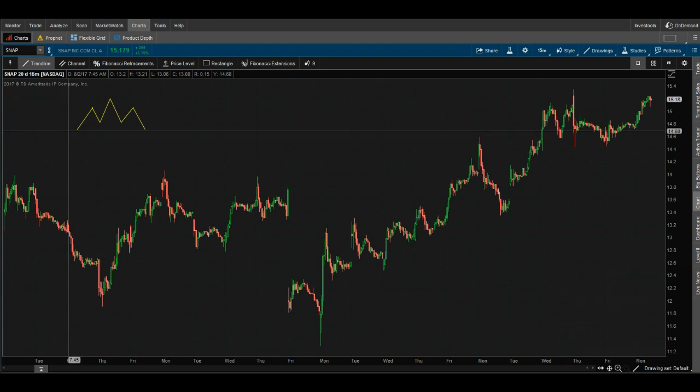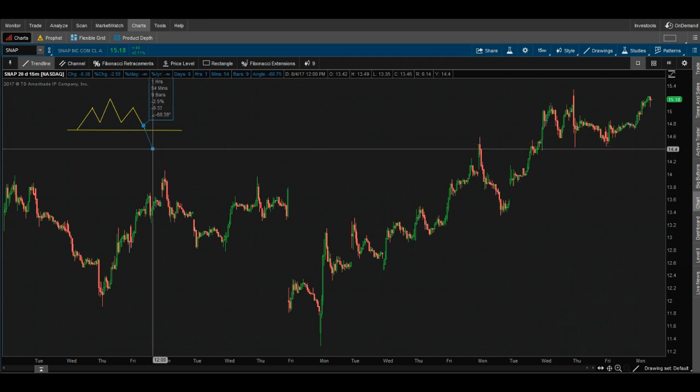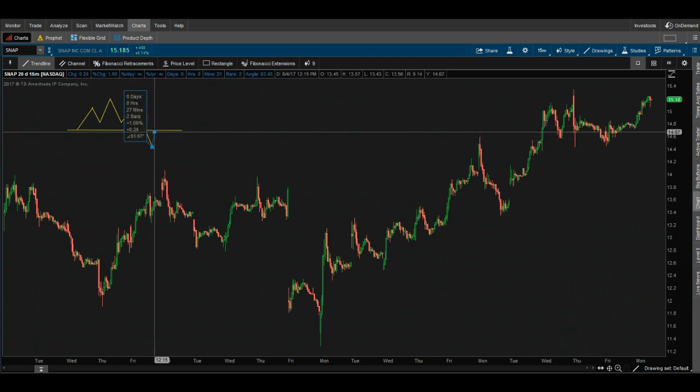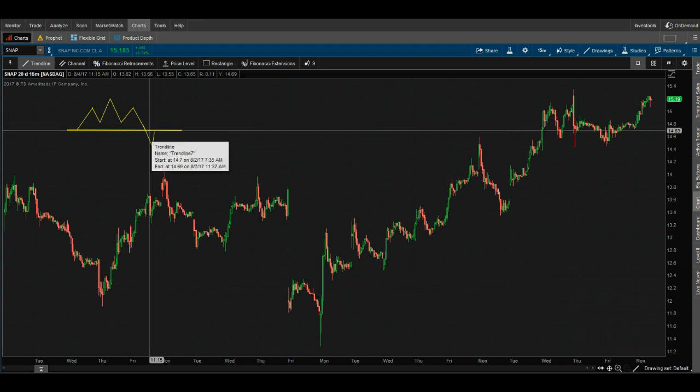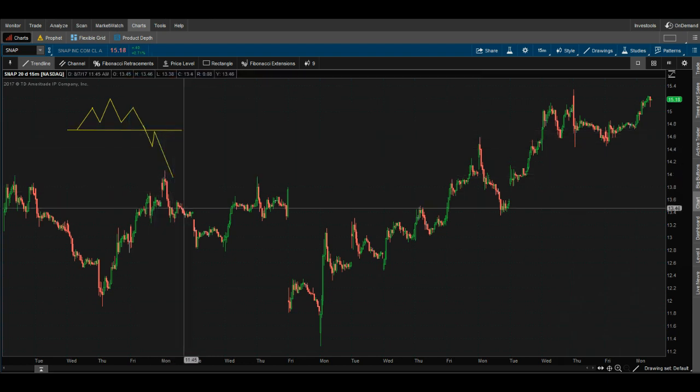And then you have your major support level right here. Then you wait for price to break down. On the kickback is where you want to enter the trade, somewhere around here, and then look for the rollover.